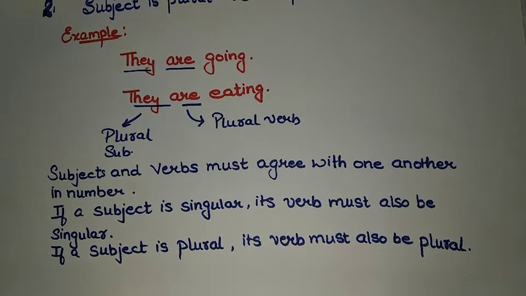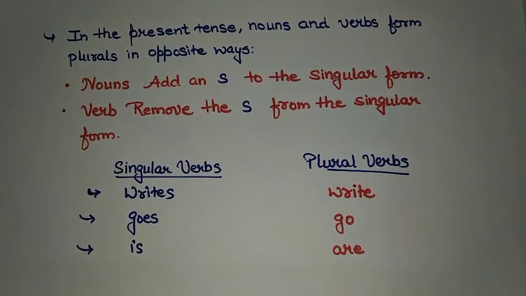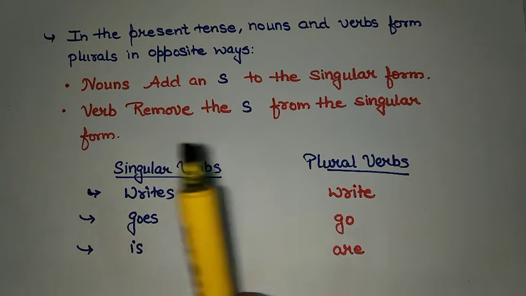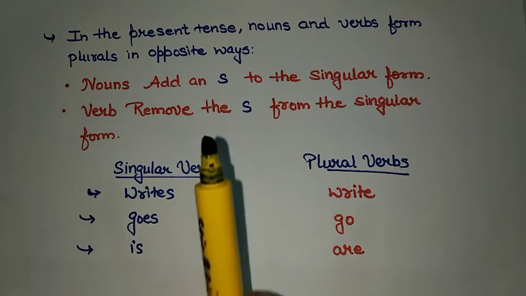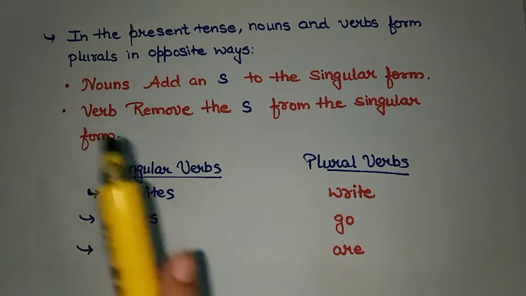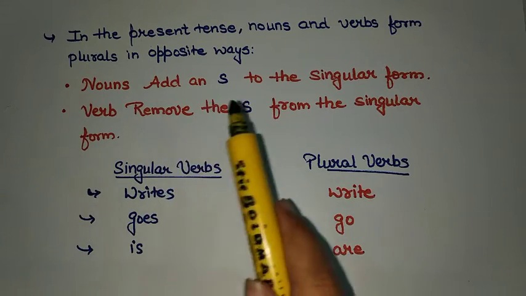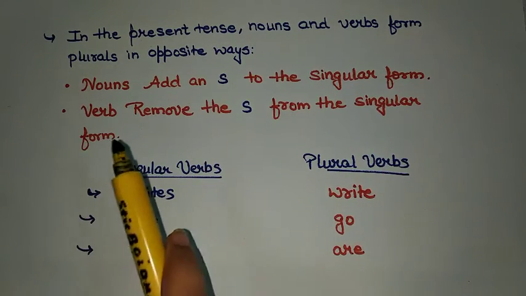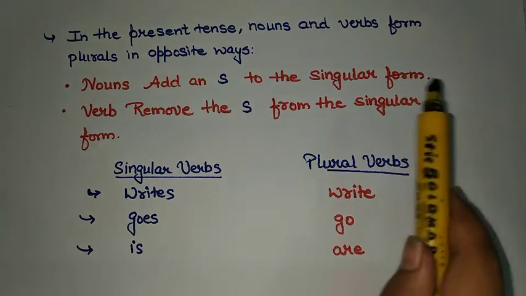Now here I want to tell you something: in the present tense, nouns and verbs form a plural in opposite ways. Many of you know that generally by adding s or es we make plurals, right? But that is not going to work in the case of verbs. Nouns add s or es to the singular form to make them plural, but verbs remove the s from the singular form.